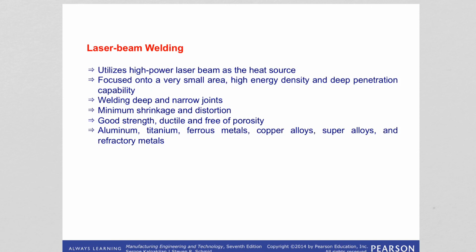This technique has become very widespread and is now used by most industries. It has good quality, good strength, and generally welds are ductile and free of porosity. Typical metals and alloys welded with this technique include aluminum, titanium, ferrous metals, copper, superalloys, and refractory metals.